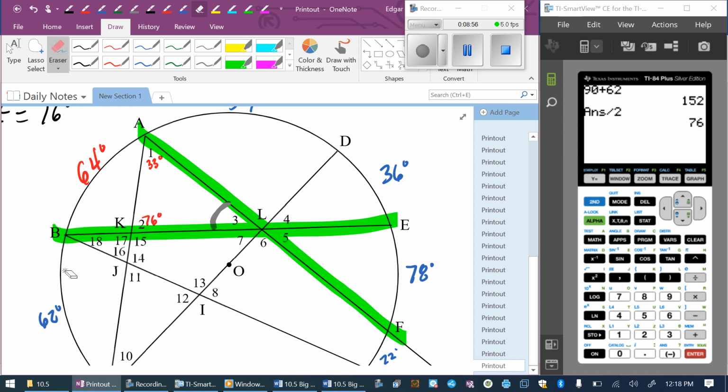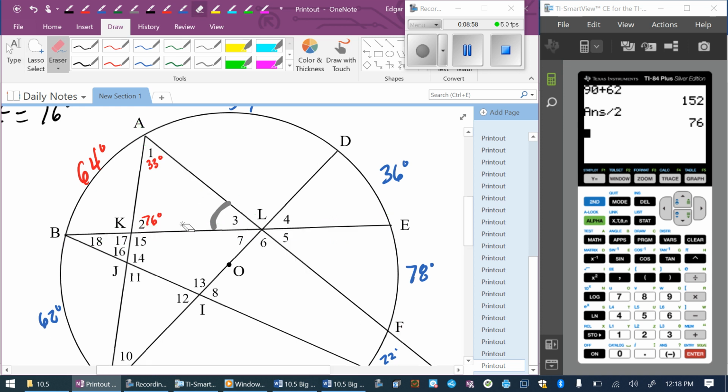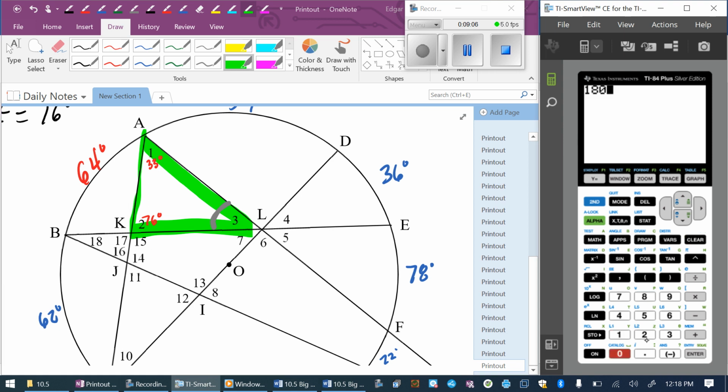Or if you look closely enough, you might spot that this is actually a triangle, and because that's a triangle, you can just do 180 minus 33 minus 76. And we ended up with an answer of 71.